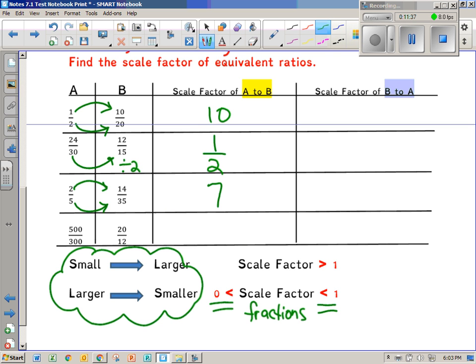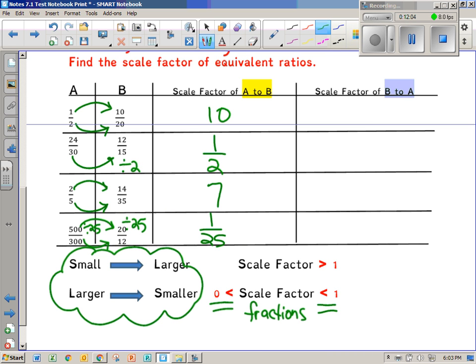And the last one, the numbers are larger going to smaller. So on that one, you might actually have to do a little calculating if you're not sure. But we're actually dividing by 25 to get there. Dividing by 25. Let me write that out here. So that means you're multiplying by 1 over 25.